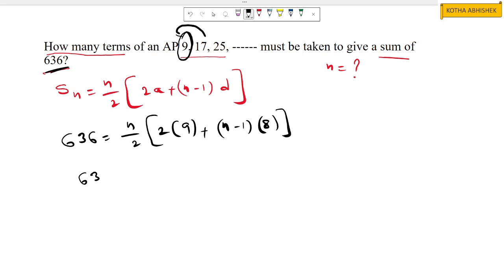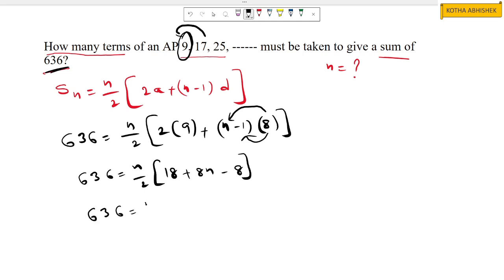First let us solve inside the bracket: n by 2 into 2 nines are 18, plus 8 times n, 8n, minus 8 into 1, 8. So 636 equals n by 2 into 18 minus 8, 10, plus 8n.